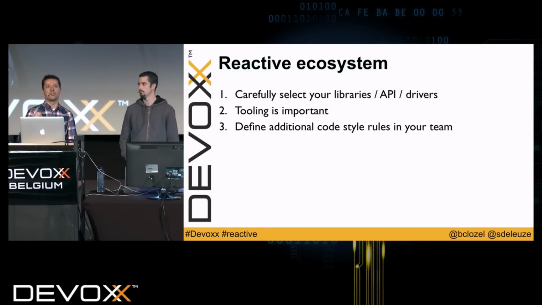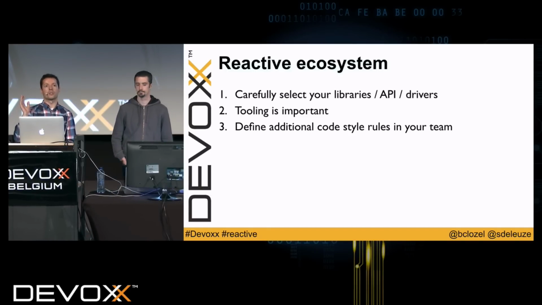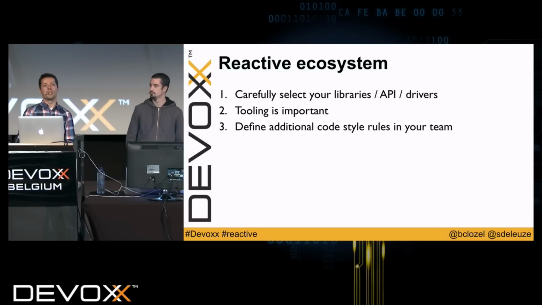Otherwise, if you don't have that activated, you're just getting a stack trace with many operators and callbacks, and you don't even know where the actual error happened. So if you have good tooling, you can have those kind of things that are really helpful when you're developing an application. Yeah, in Reactor we call that stack trace mode. So it has a performance penalty, but in dev mode it's a must-have really.